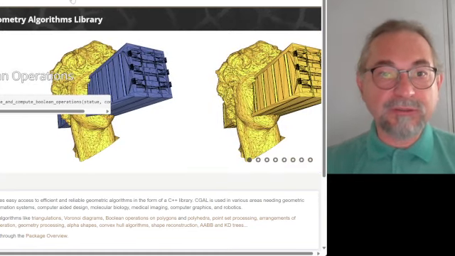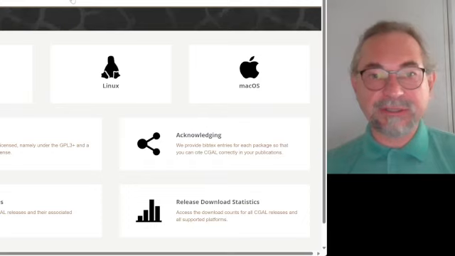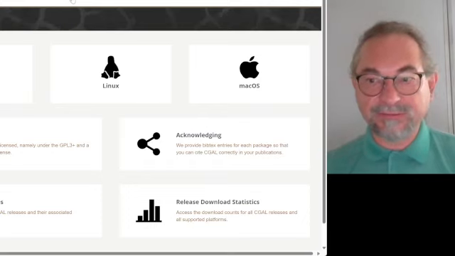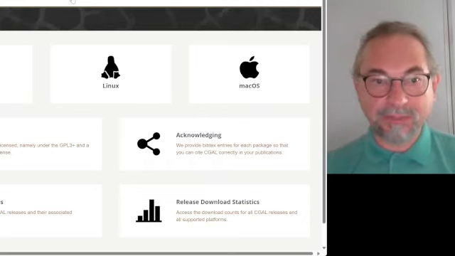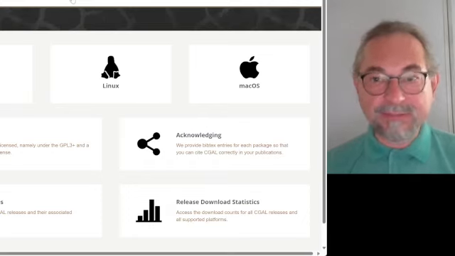If you go to the download section, then you can see that the software is available on all platforms. I will say something about the installation. It is a C++ library with bindings to Python. I think that the Python bindings may suffice for this course.